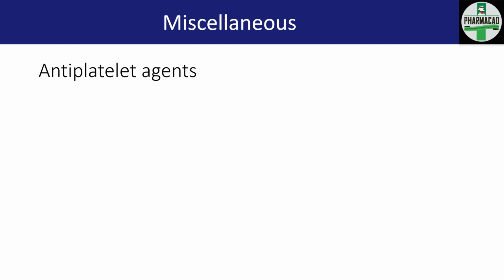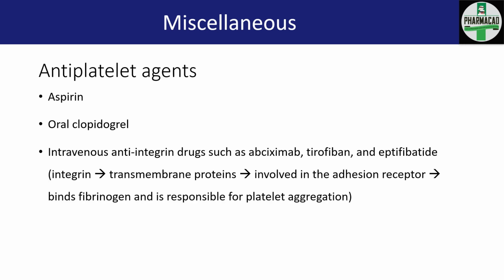Another class of drugs is used for breaking down the platelet aggregation in the coronary artery wall, which is present as a plaque. So low dose aspirin, oral clopidogrel, and some drugs like abciximab, tirofiban, and eptifibatide, which are anti-integrin drugs, are given as antiplatelet agents. What is this integrin?